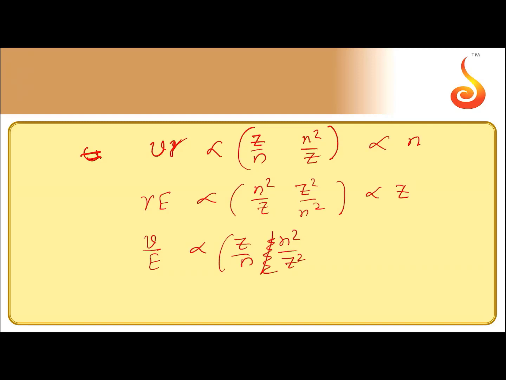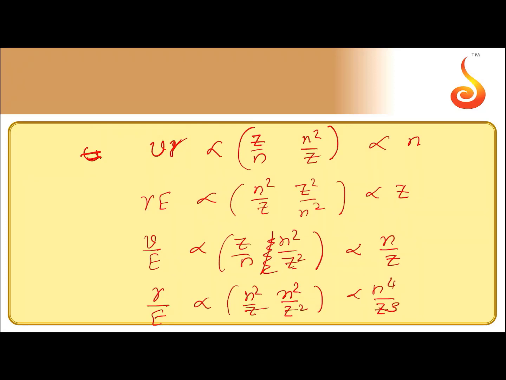So Z square by N square in the denominator becomes N square by Z square, and thus it is proportional to N by Z. And the last is R divided by E. This is proportional to R, which is proportional to N square by Z, and in the denominator we have E, which is Z square by N square, so it becomes N square by Z square. This is proportional to N to the power of 4 divided by Z cube.